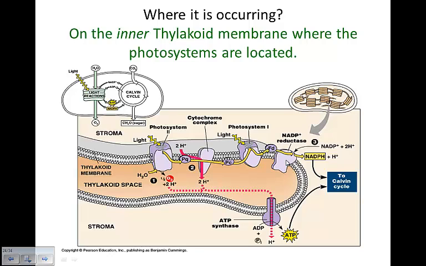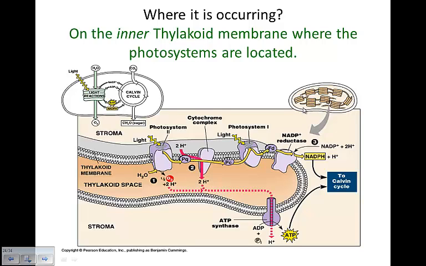Now, there are these photosystems on here. There are thousands of them on each of the thylakoid membranes. Each one of these is a thylakoid. Lots and lots of thylakoids. Look how many thylakoids are in that chloroplast. That's not an exact number, I'm sure. But think about the surface area.